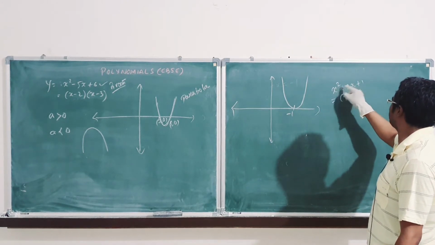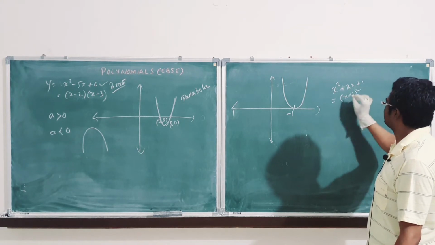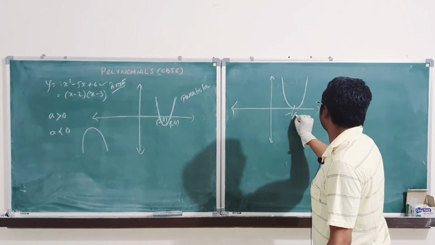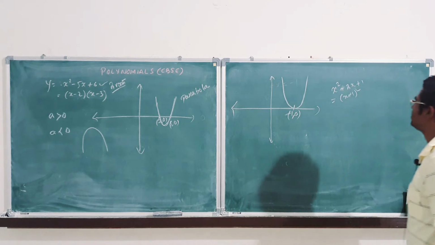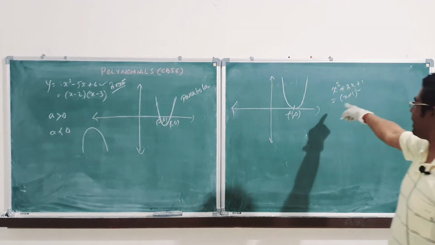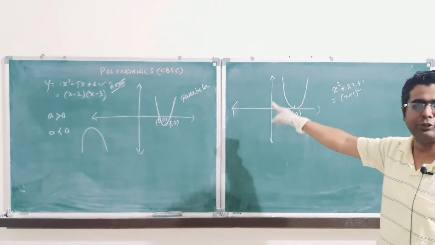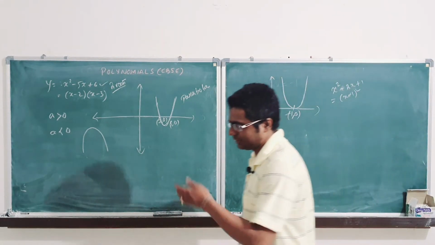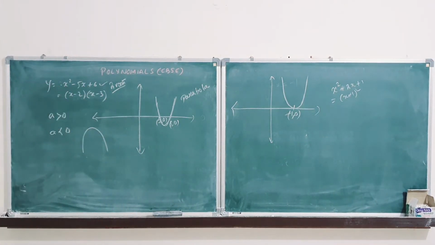Okay, it is on the positive side. So if it is a perfect square, then you will get this kind of curve. It will touch just 1 point, that's it. Okay, clear guys? So you are also learning the geometrical significance. For ICSE guys, this is new. For CBSE, this is very common.